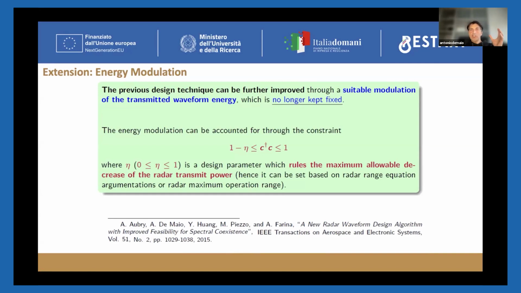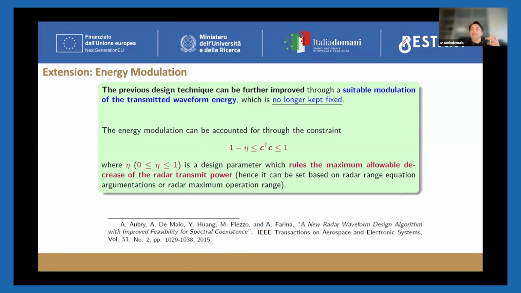This potential energy modulation can be accounted for through this constraint here, where the parameter eta is a design parameter, ruling the maximum allowable reduction of the radar transmit power, which can be set according to radar equation argumentations.